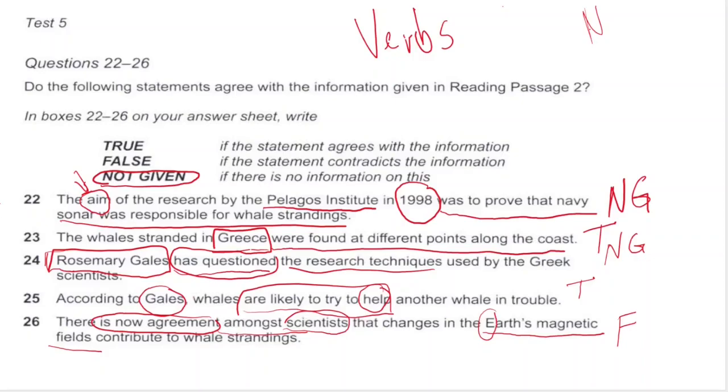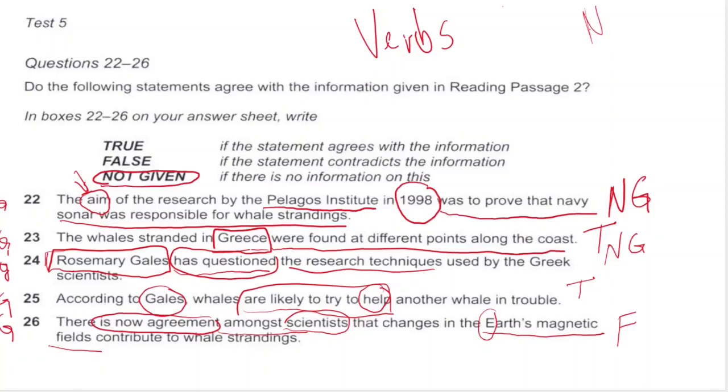Just like that, not given, not given, not given, not given, not given. Why is that? If you do that, you are going to at least score 2 points for these questions because number 1 in this set is not given and number 3 is not given. If you choose true for all the answers, then you are going to score 2 points for these because number 23 and 25 are true. If you guess false for all of them, you're only getting one of these correct, which is the last one.